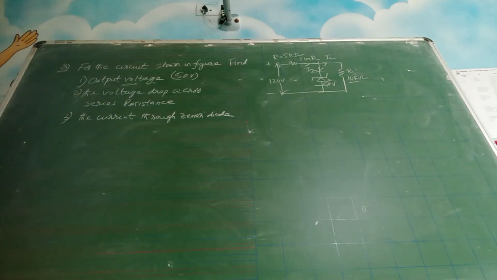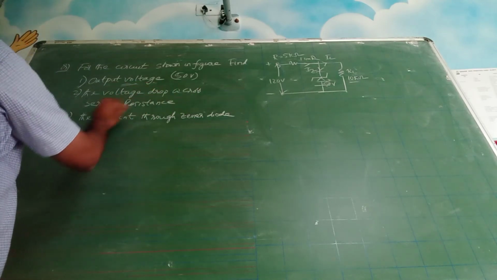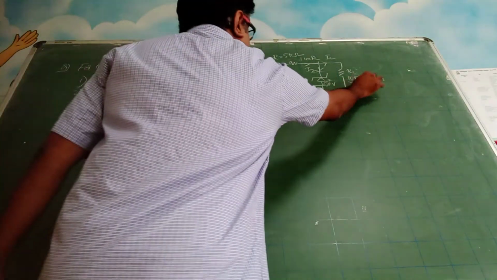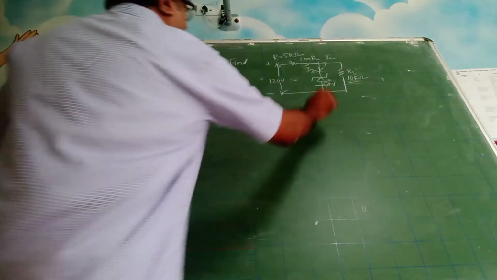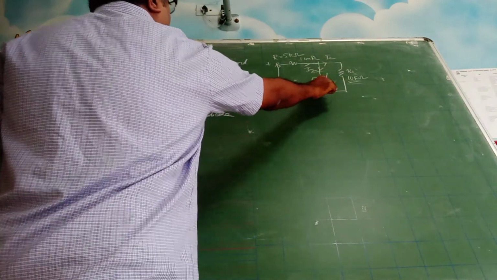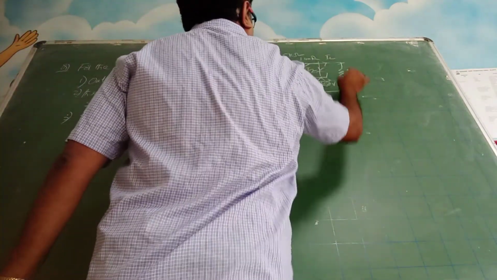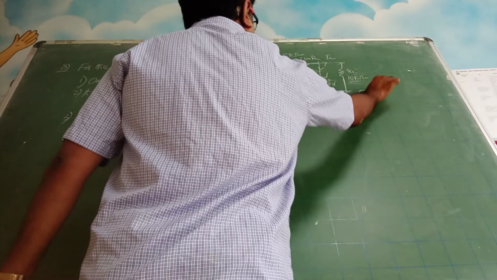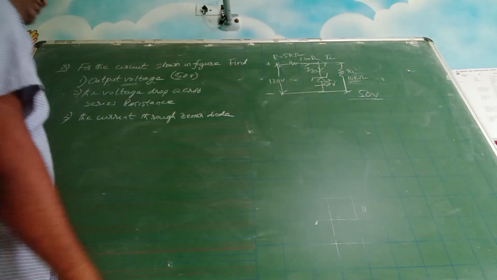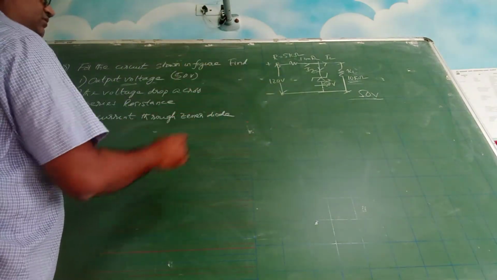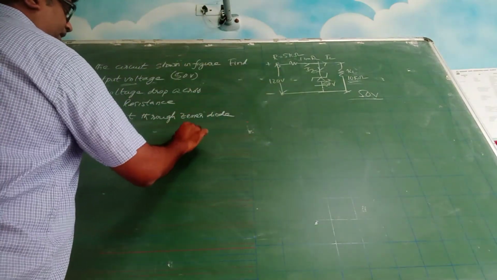So the voltage drop across a series resistance. Let us say he has put one resistor over there. So the drop across the Zener diode is 50 volts. So this and this, here also it will be 50 volts only. They are in parallel, so it will be 50 volts. So what is the current that is passing through that? So V is equal to IR.